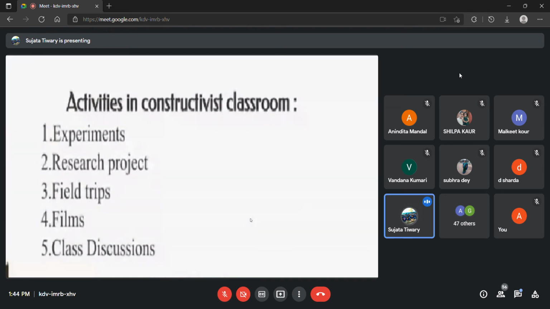They will do this. Research and project. Here the children will discover. Projects are given on topics, and they will do the project and discover their knowledge, discover their ideas, and come up with new ideas. Field trip. We can organize a field trip.